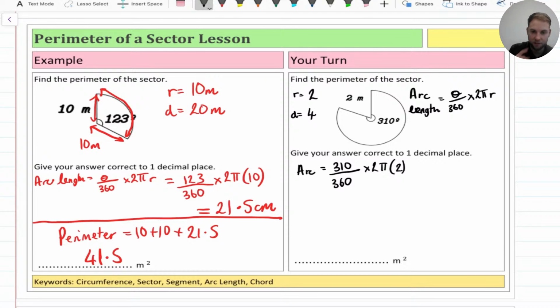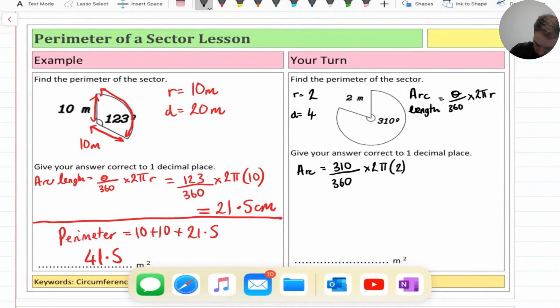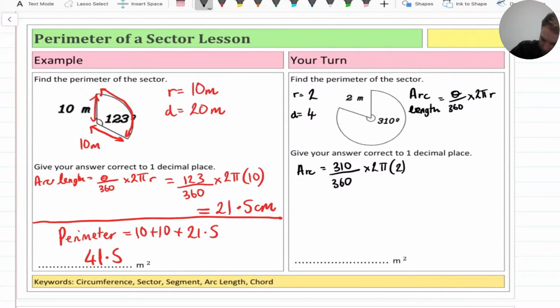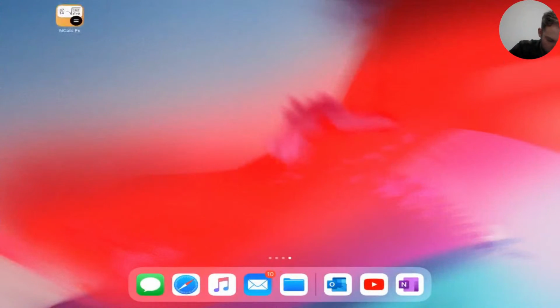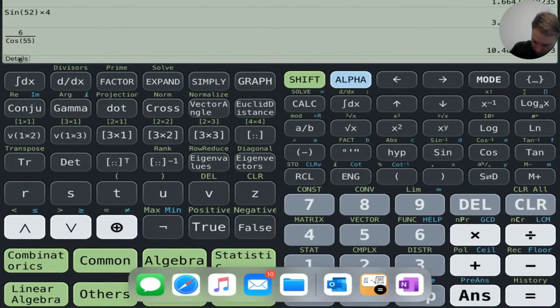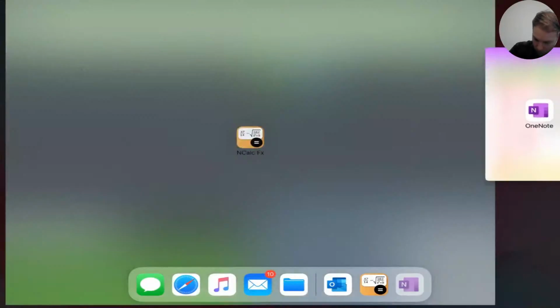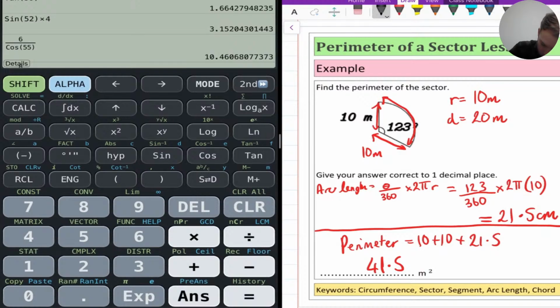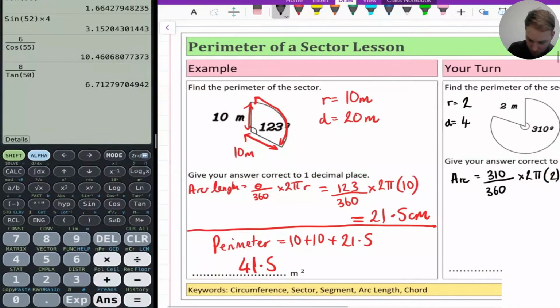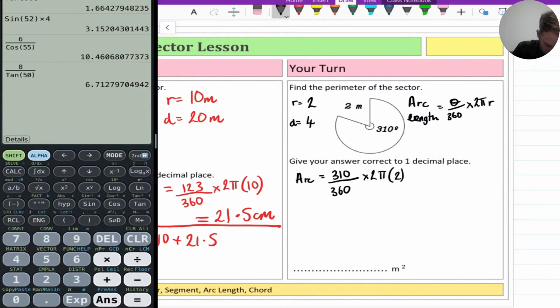So we're going to type that into our calculator.